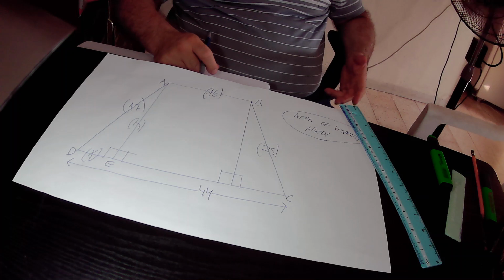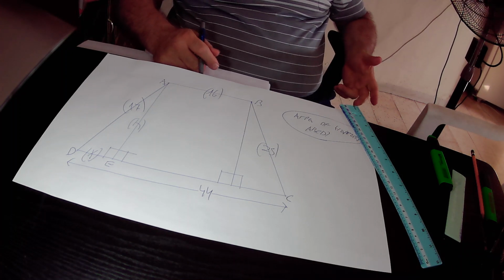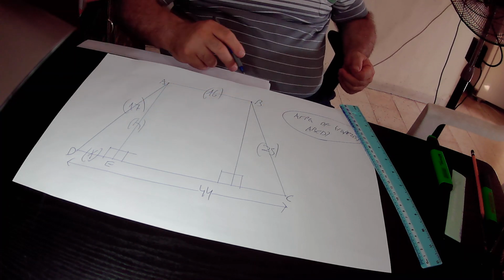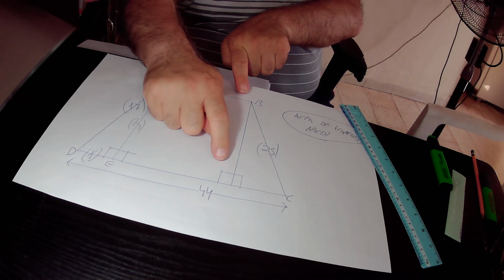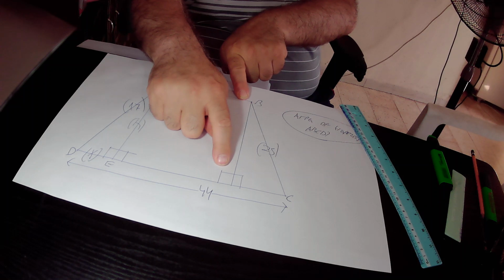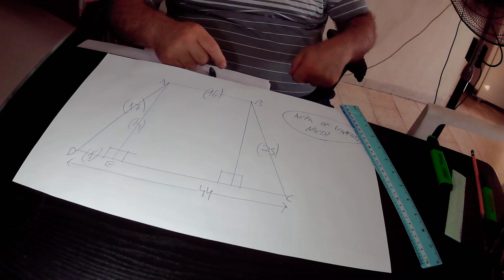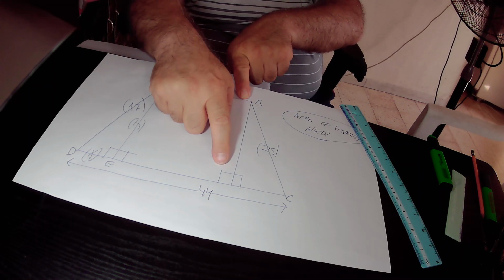We know that ABCD is a trapezoid, and therefore side AB is parallel to side DC. And those two angles are located between the parallel lines AB and DC, and therefore they are defined as interior angles.